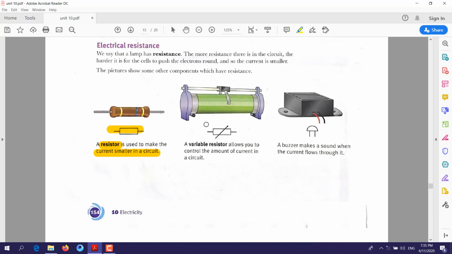Here we have another kind of resistor, which we call a variable resistor. You can adjust this manually, so you can change the amount of electric current in it. Also here is the symbol of a buzzer, and the symbol of a variable resistor.